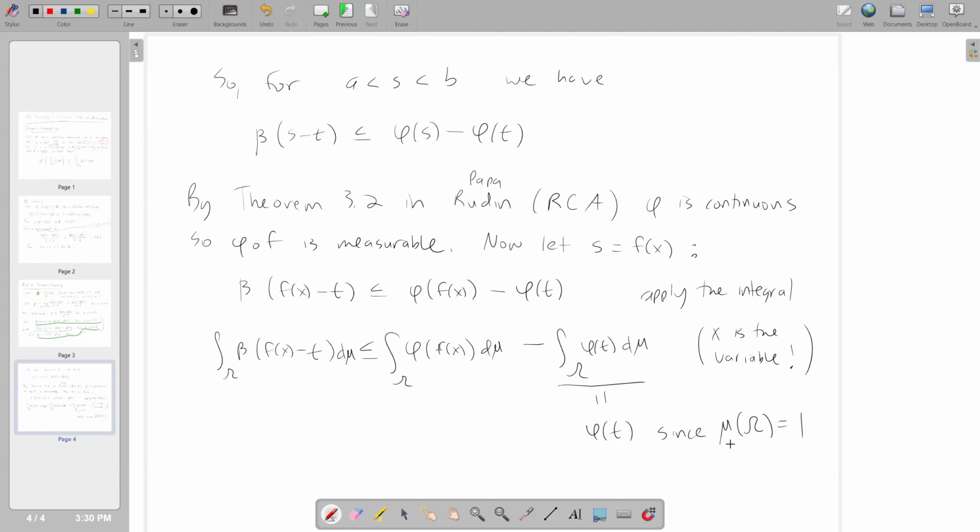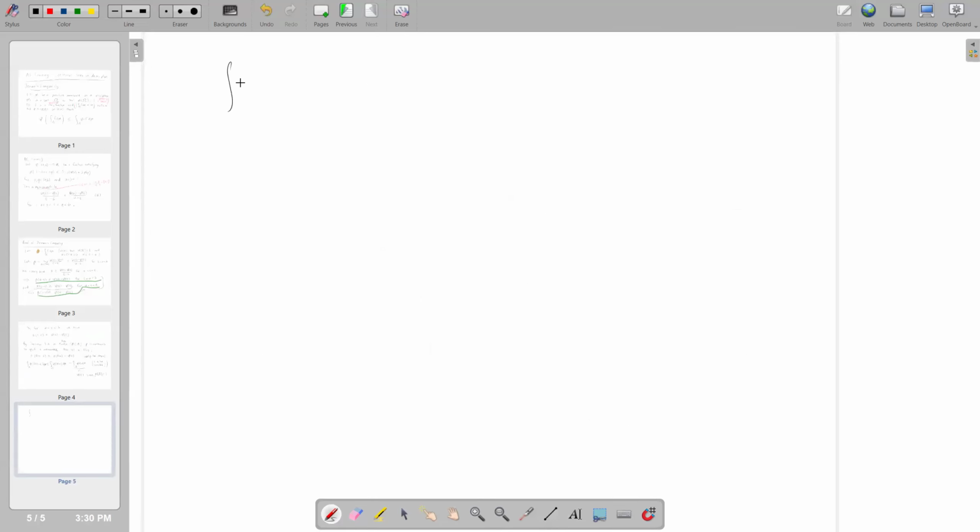And then let's look over here at the right-hand side. I think I need a little more space to explain this, but if we look at the right-hand side there, we have the integral of beta f of x minus t d mu over omega. This is equal to beta times the integral over omega of f d mu minus beta times the integral over omega of t d mu.